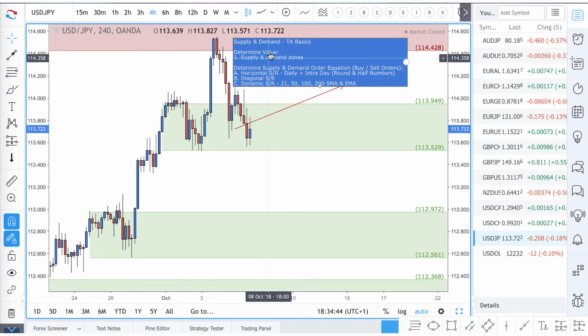So we determine value first, right, from supply and demand zones, and then we look to apply the supply and demand equation, from a willing supply, willing demand, or forced supply and forced demand equation from a technical perspective, from these horizontal, diagonal, and dynamic support and resistance levels that coincide with demand or supply, and then we look to take some trades if we have more demand than supply after we've done this analysis.